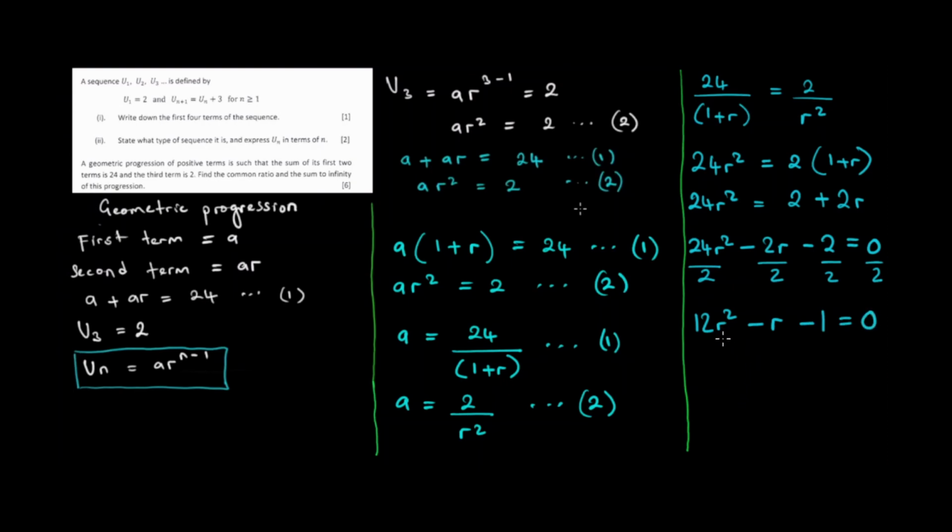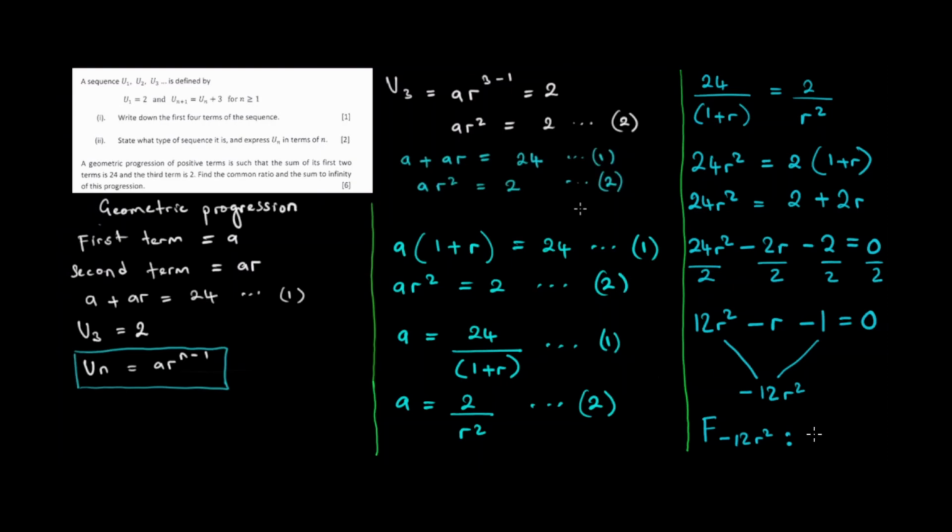So we multiply the first and the last terms. 12r squared times minus 1 is minus 12r squared. We have to get factors of minus 12r squared such that the multiplier of the factors gives minus 12r squared, and the adder gives minus r.